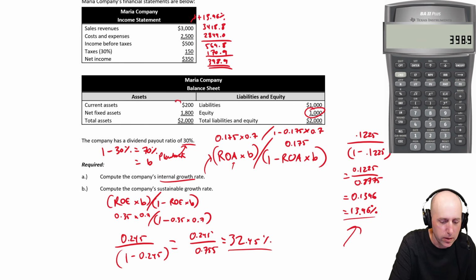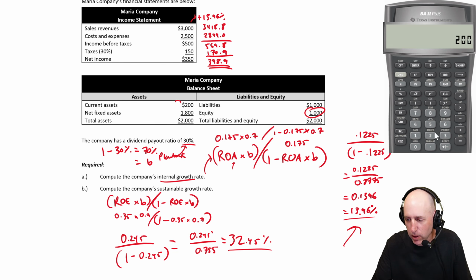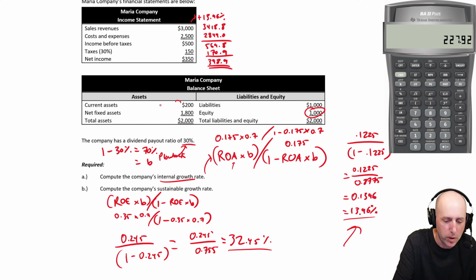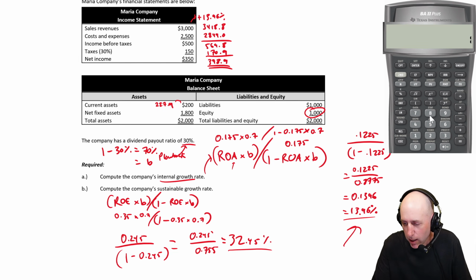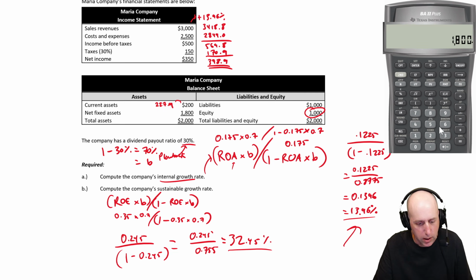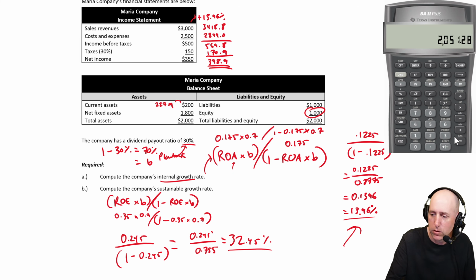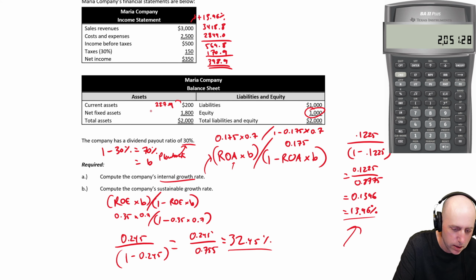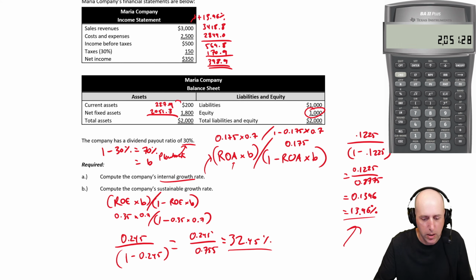So our current assets are going to grow by 14%. 200 times 1.1396, 13.96%, 227.9. 1,800 times 1.1396, our fixed assets grow, 2051.3.